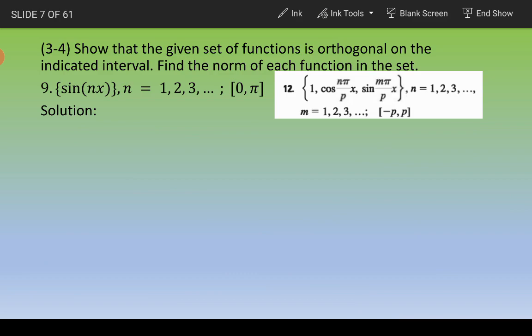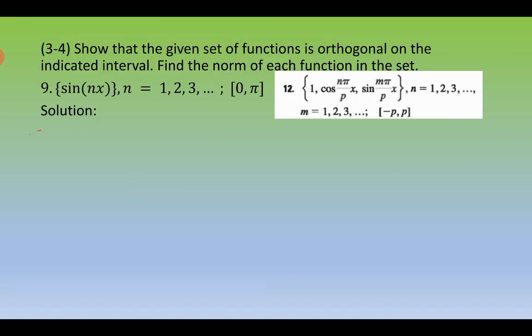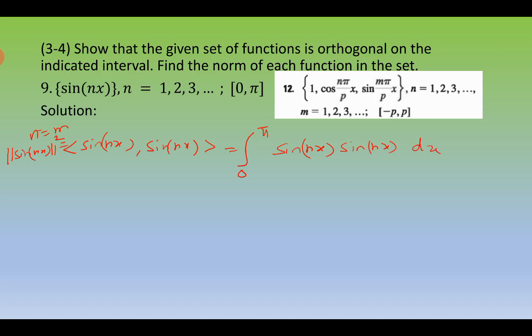Norm means you should take n is equal to m. Take sin nx with the sin nx, isn't it? This is norm of sin nx whole square. So integral 0 to pi sin nx dx. You can write integral 0 to pi sin square nx dx.